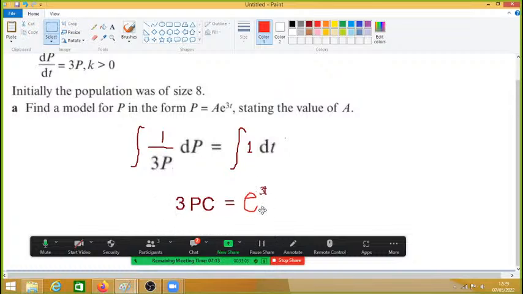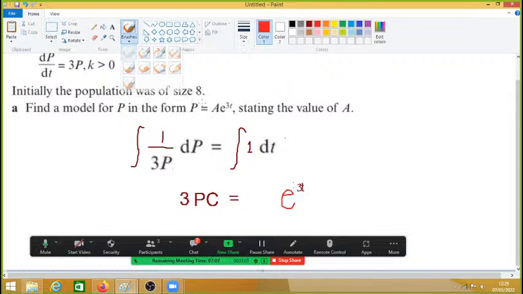So the way I'm going to do it is I'm going to make a bit of space, and just have 1 over 3c. Good.